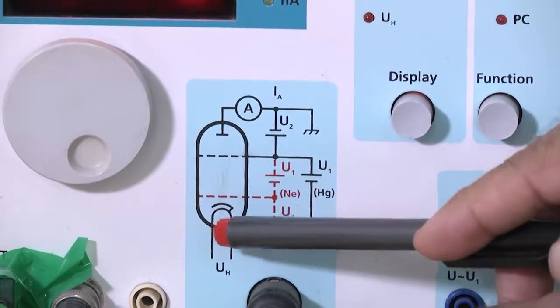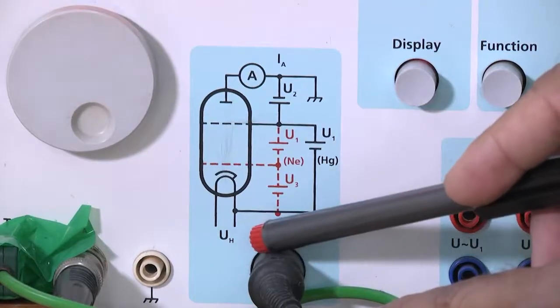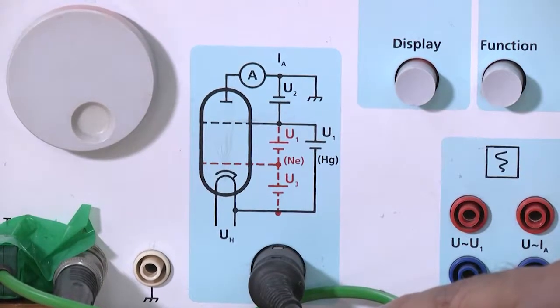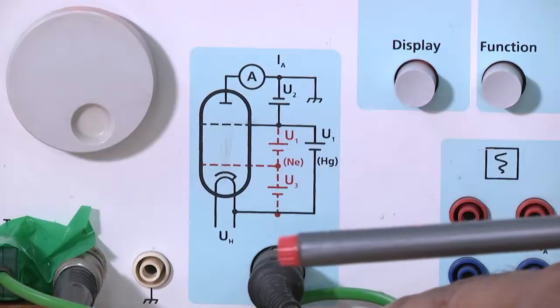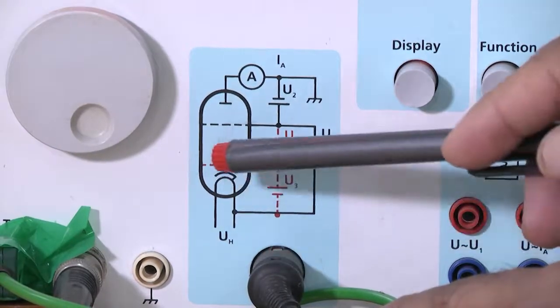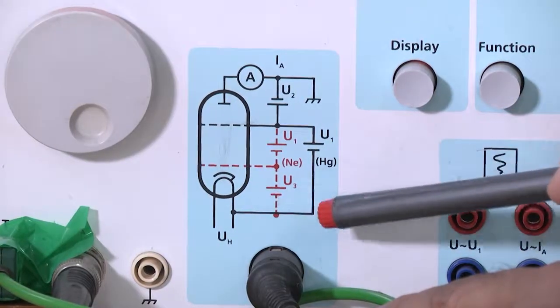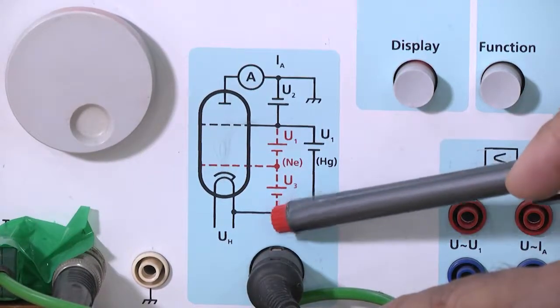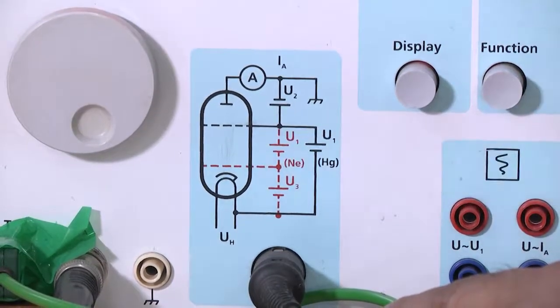So this is the cathode, and here whatever is written, UH, is basically the heater current given to this filament. The cathode is connected with the negative voltage U1. And then we have a grid here.